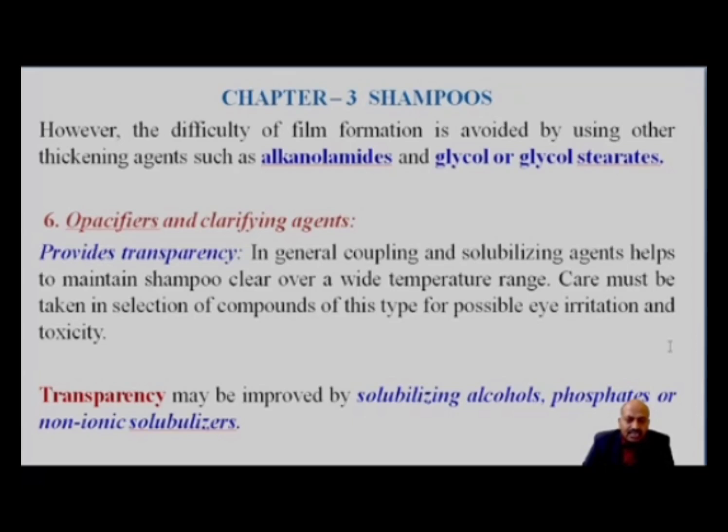Care must be taken in selection of compounds of this type for possible eye irritation and toxicity. Even though some shampoos may be very transparent, some are toxic, so we have to check the ingredients present in the shampoo. Suppose they are causing any irritation to the eye or toxicity, we have to avoid that one. Transparency may be improved by solubilizing alcohols, phosphates, or non-ionic solubilizers.